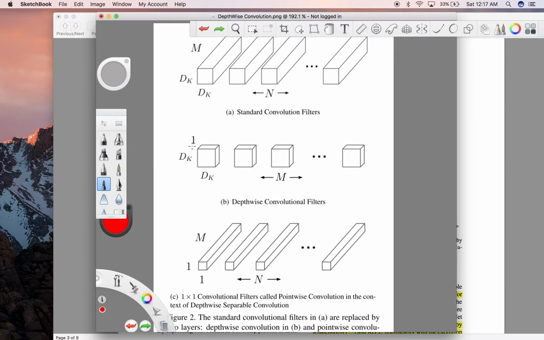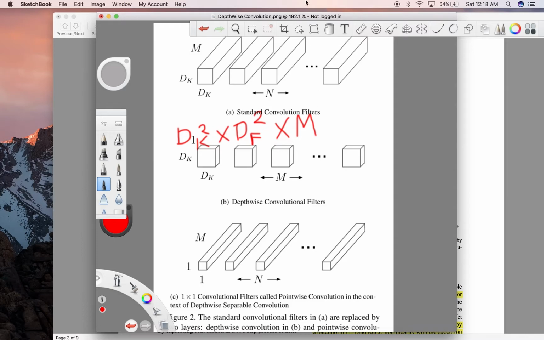So one of these, let's say this first one will do dk squared times the height and the width of our input channel, which is df squared, and we have m such filters, so we'll be doing this m times.